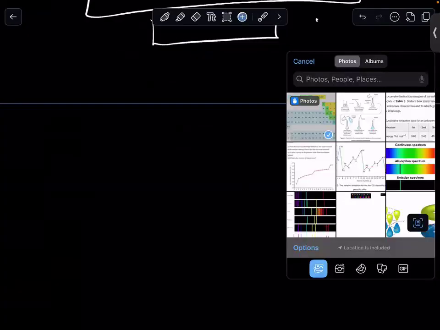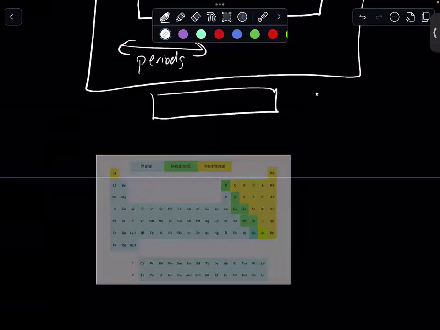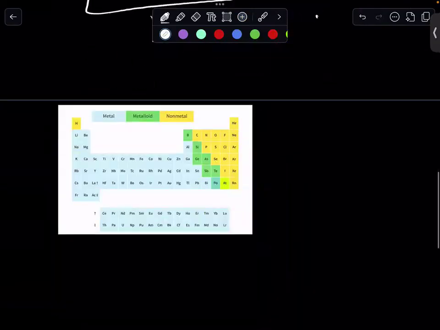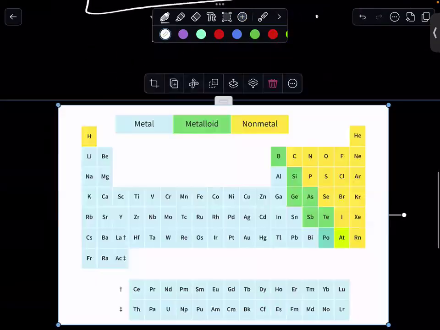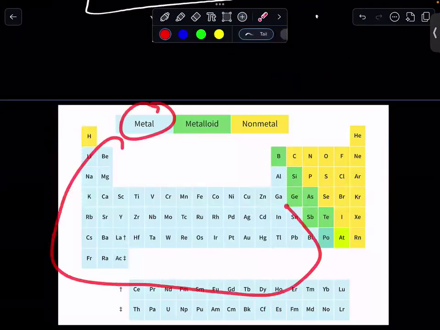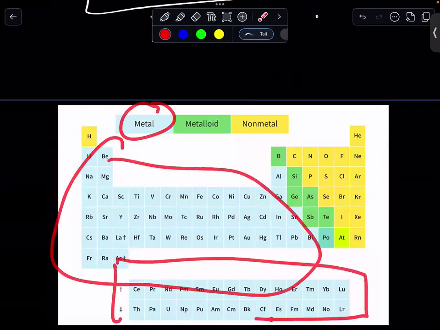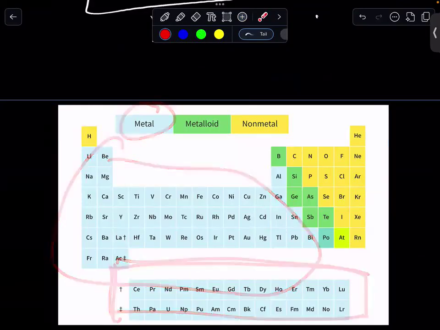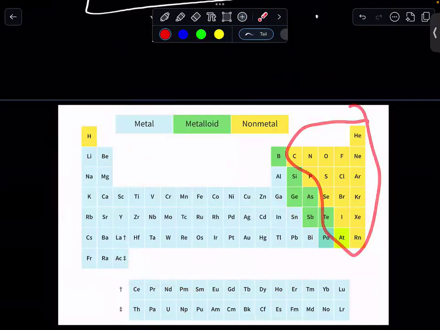So there we go. We have our metals and non-metals. You'll notice that on our periodic table, we have our metals all on the left side, as well as this entire lower area. Our non-metals are all over here. And then we have these metalloids that are right in the middle.